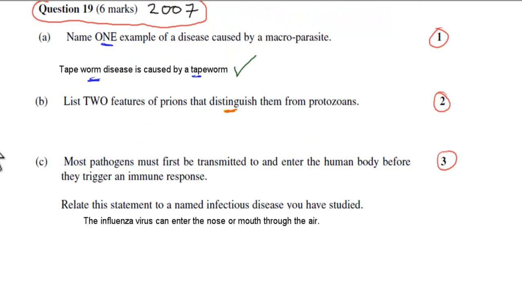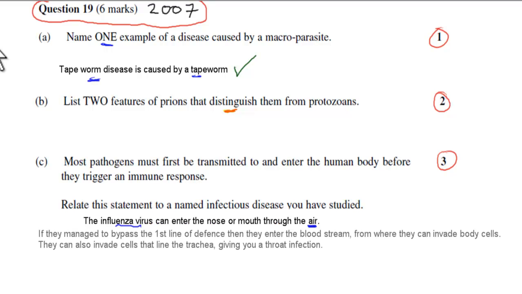So what I wrote is the influenza virus can enter the nose or mouth with air. So here I've named the disease, plus I've said it can be transmitted through the air, plus I've already given some idea of the area of entry. So I get some marks for this.